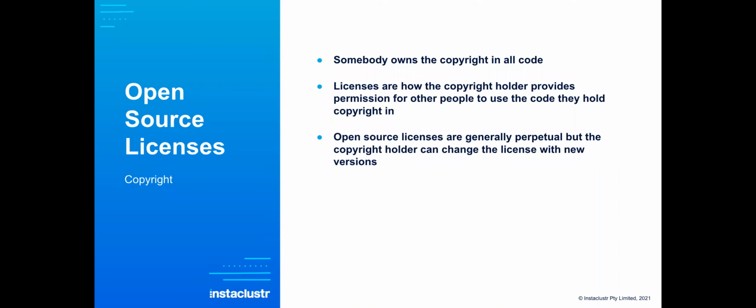With open source, they're generally free licenses, and those licenses provide people not only the ability to use the software, but also, depending on the license, to modify the software, and give you some other conditions as well in using the software. That's the foundational concept: the license arises from owning the copyright. So to understand who's issuing the license, you have to understand who holds the copyright in that code.